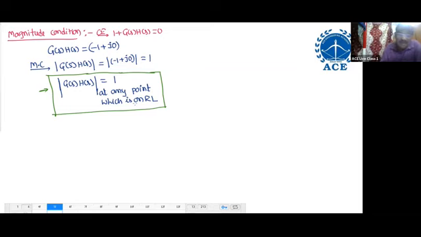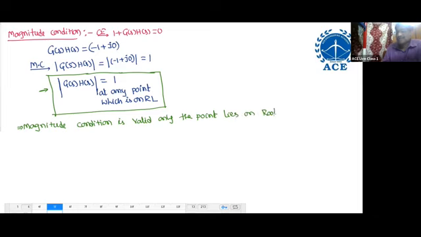The magnitude condition is valid only for the points which lie on the root locus.